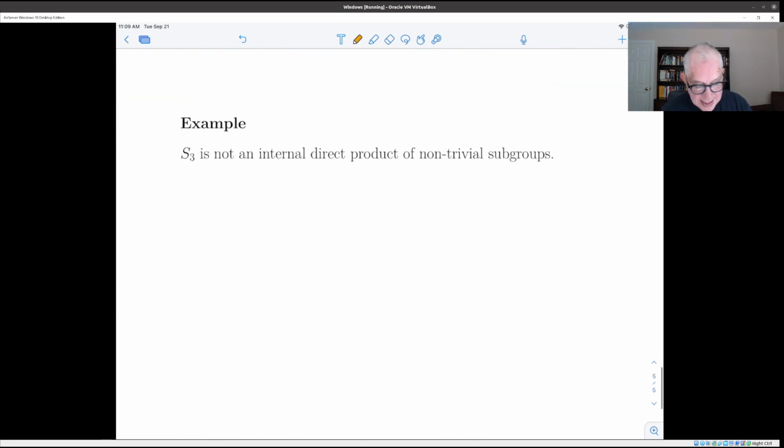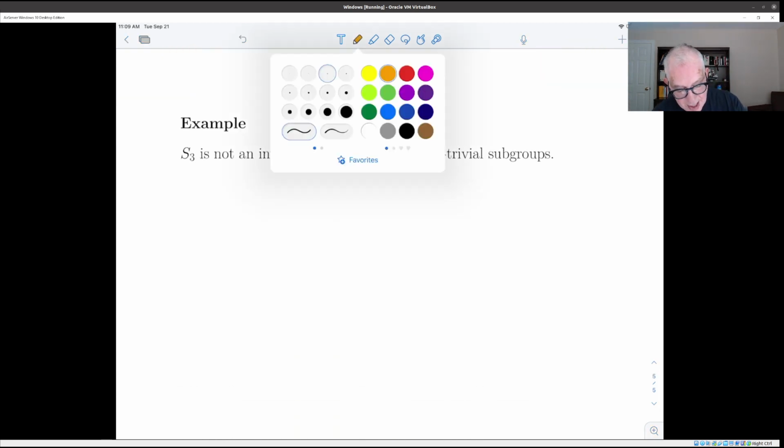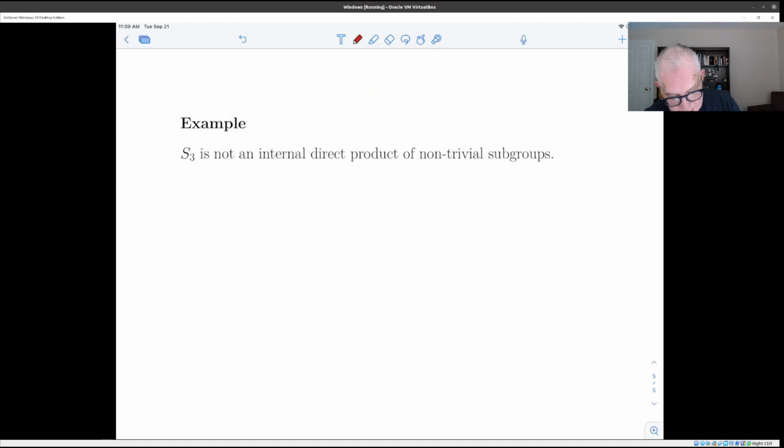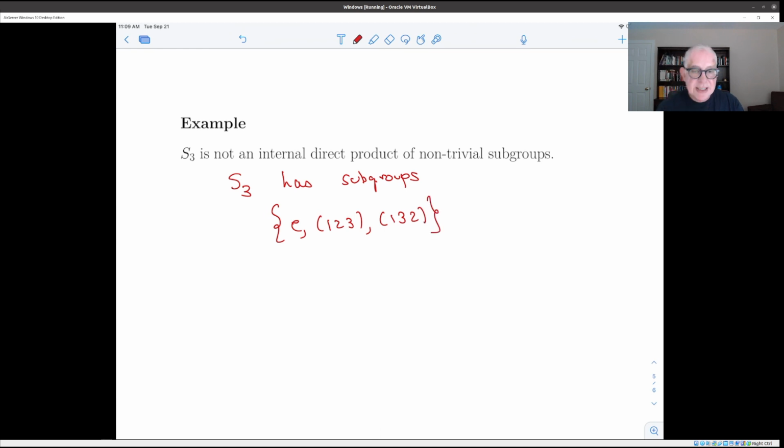Let's give one example of where something is not an internal direct product. So S3 has 2 subgroups that are interesting. It has the subgroup generated by the 3-cycle, and then it has 3 subgroups of order 2 generated by reflections.